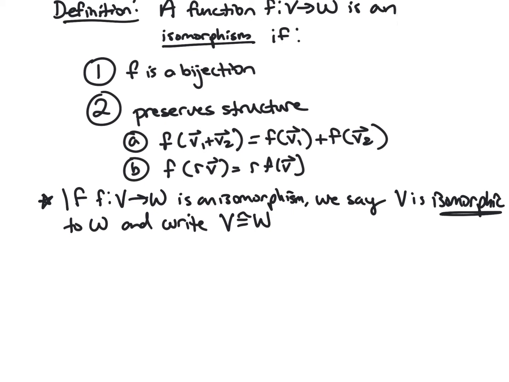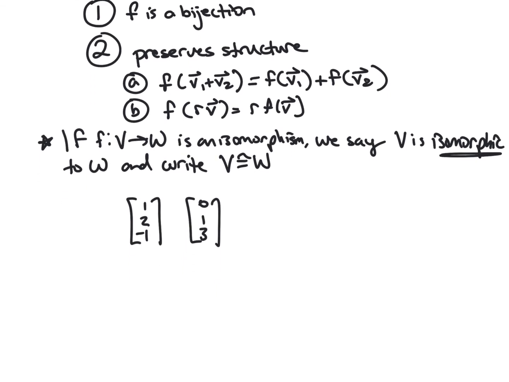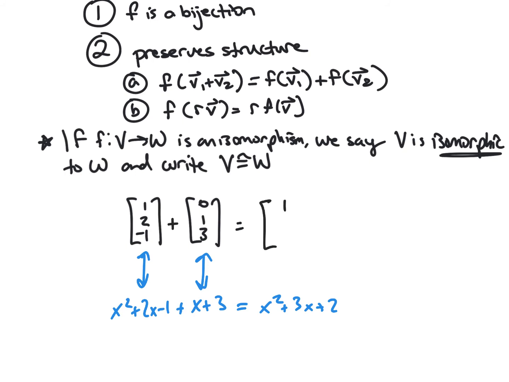So if I have (1, 2, -1) and (0, 1, 3), then it shouldn't matter if I first correlate these to x squared plus 2x minus 1 and x plus 3 and then add them, because this is going to be x squared plus 3x plus 2, or first add them, in which case you get (1, 3, 2), and then correlate.